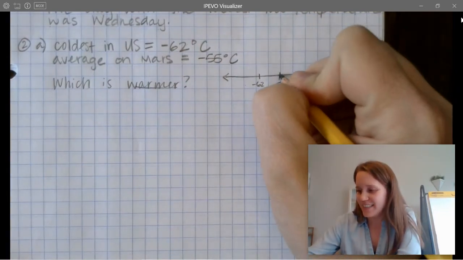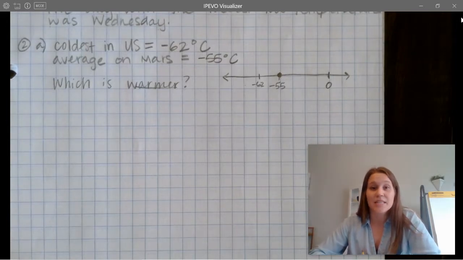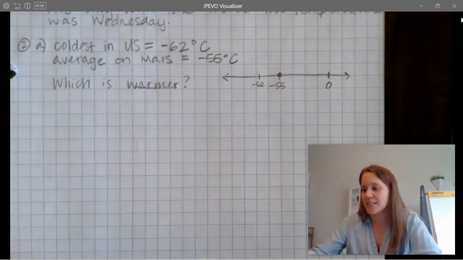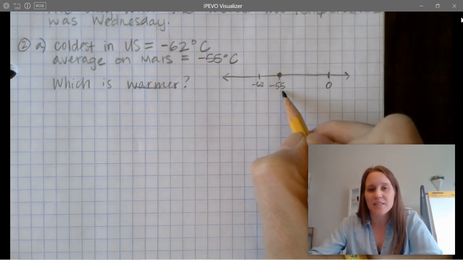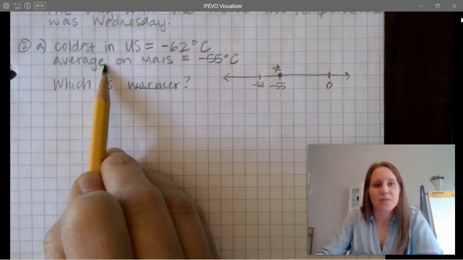Hopefully you said that this negative 55 degrees is warmer than negative 62 degrees. That's because it's farther to the right, and that means that it's greater. Okay, so this one is the one that is warmer. That one is the average temperature on Mars.